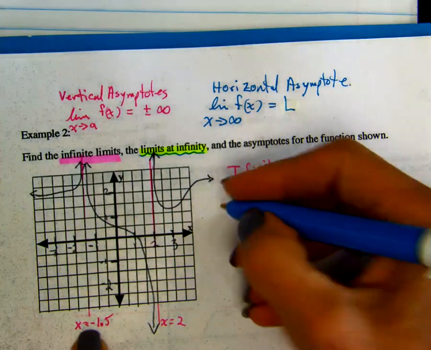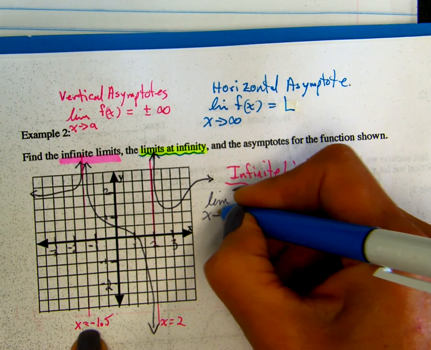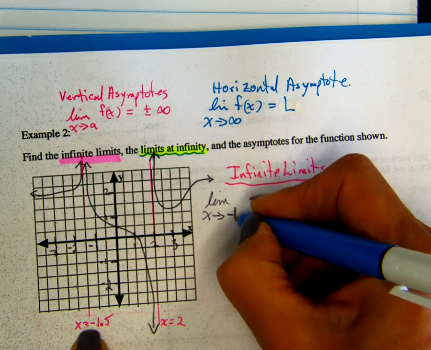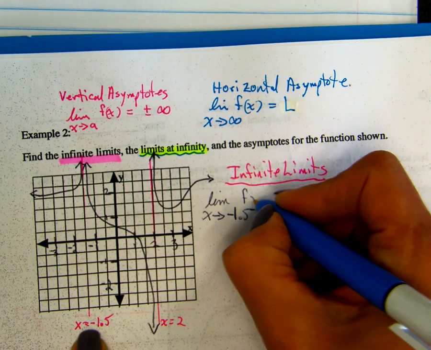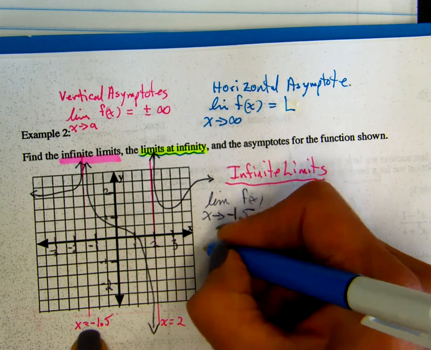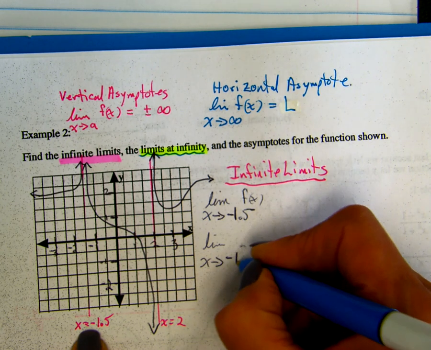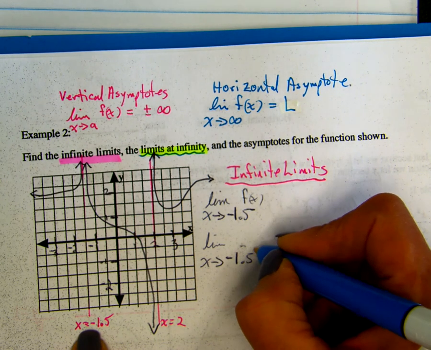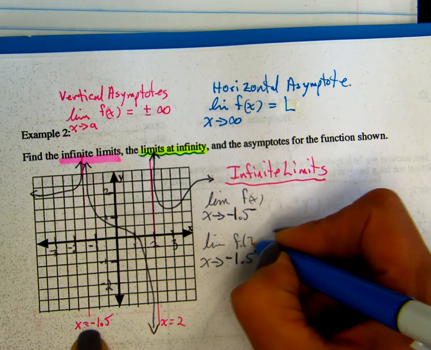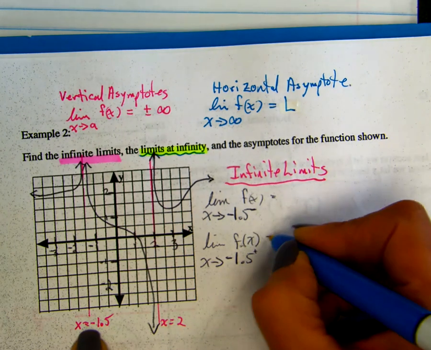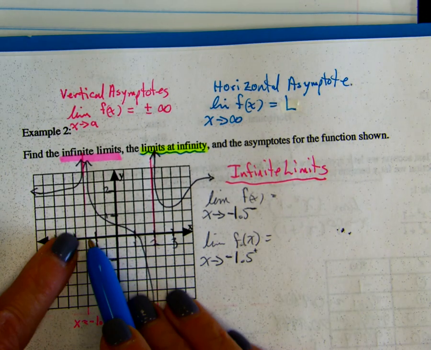So if we're looking at infinite limits, we have to look at what the limit is as x approaches negative 1.5 from the left for this function, and what the limit is as x approaches that value from the right for this function.